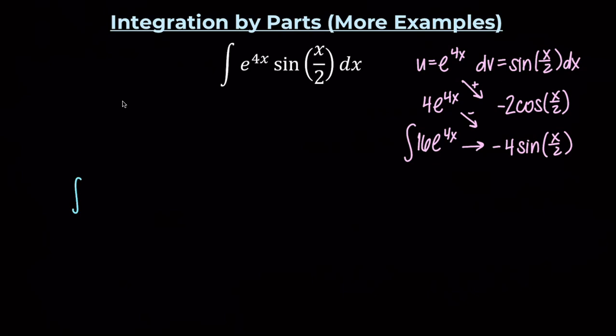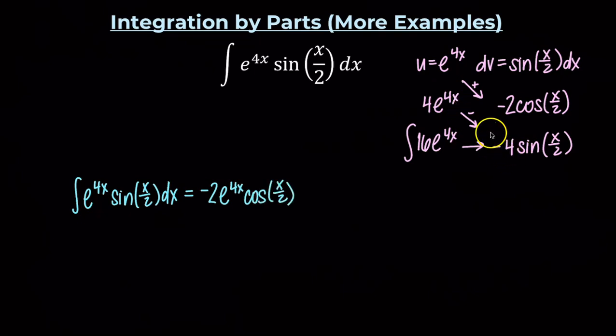So we have the integral of e to the 4x sine of x over 2 dx is equal to, okay, this is part of the answer when I multiply the first diagonal: negative 2 e to the 4x cosine of x over 2. And this diagonal is part of the answer too. The two negatives multiply and become positive, so we have positive 16 e to the 4x sine of x over 2.